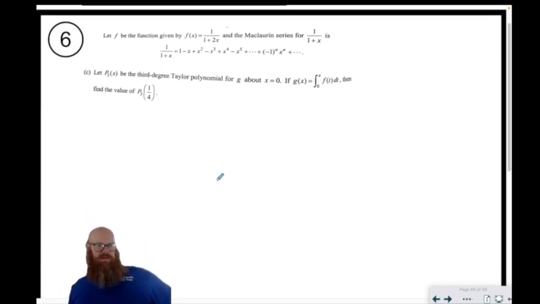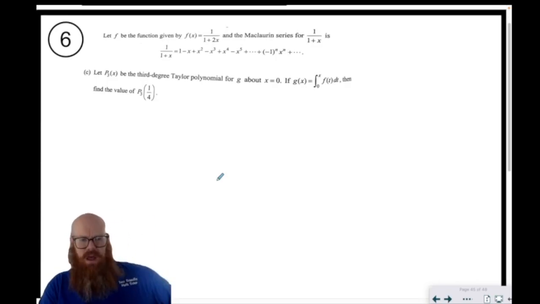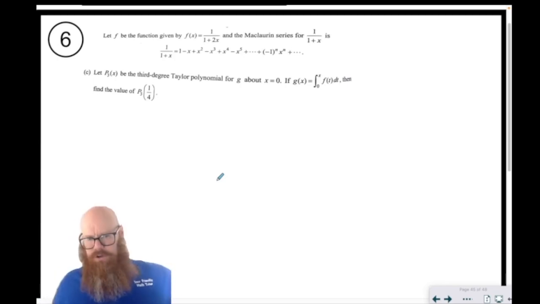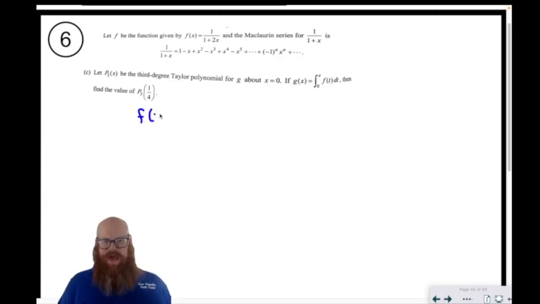All right, and now the next one, number 6. So we want the third degree polynomial for g, if g is the integral of f. And then we're going to find it at 1/4. So what we can do here is just write out again what we had for f.